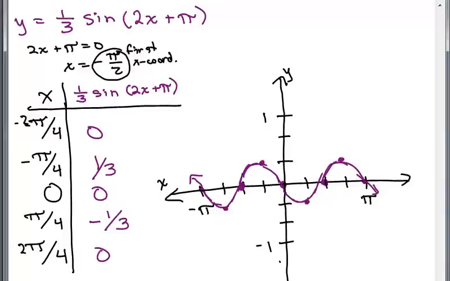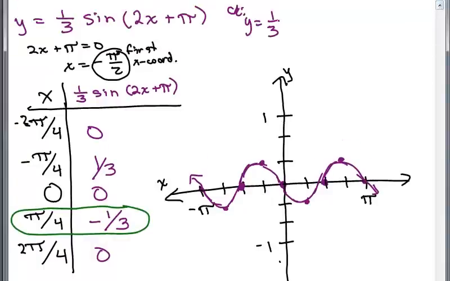And as always, it's a good idea to plug one of these numbers in and make sure, for instance, that that really is a correct ordered pair by plugging in pi over 4 for x into here. So you know that y should be 1/3, so it's just a check.